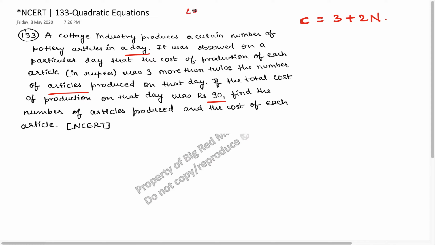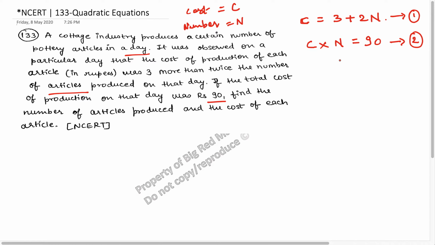So the cost, I am denoting it by C, and the number of articles I am denoting by N. So cost is equal to 3 more than twice the number of articles produced on that day. Now if the total cost of production on that day was 90, total cost of production will be C multiplied by N, which is given as 90.